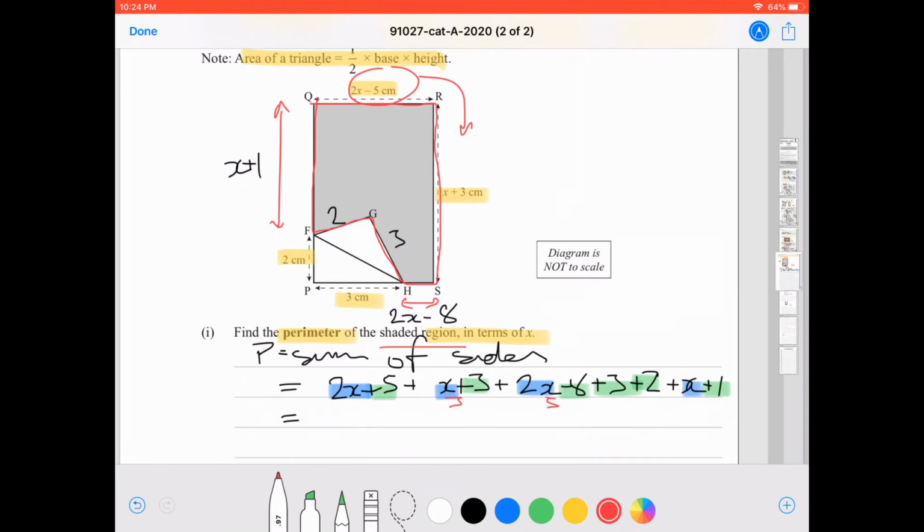We've got 5 and 6, so it'll be 6x. And our single digits, that'll be 5 plus 3 is 8, minus 8 is 0, plus 3 plus 2 is 5, and then plus 1 is 6.